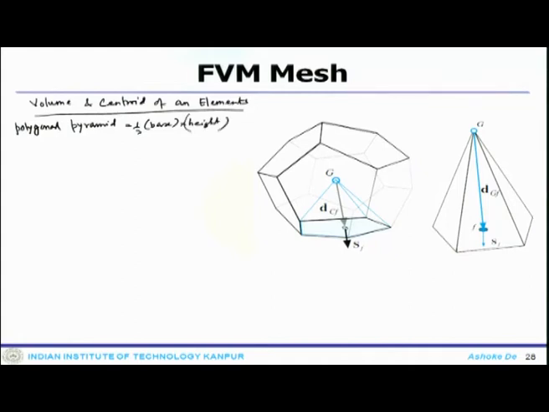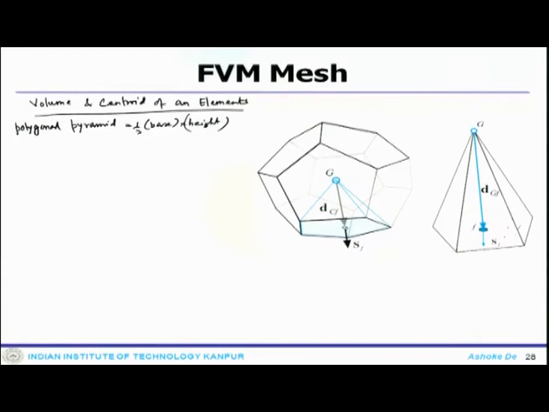This is how you calculate the volume. Now, the base is one of the surfaces of the element. Essentially, if you look at this pyramid, the base element is one of the surfaces of that particular pyramid or the pyramidal element.